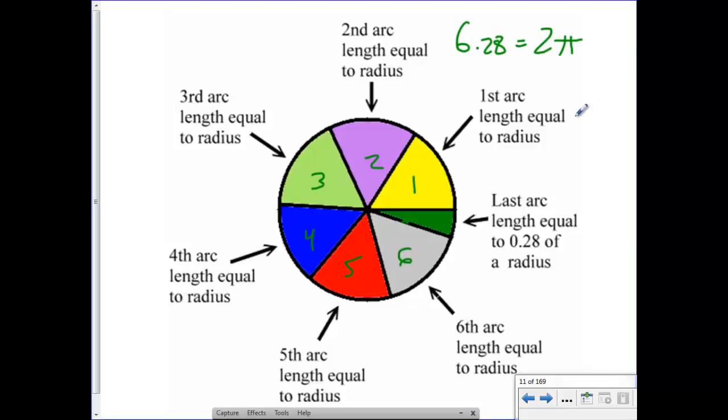This little bit right here is 0.28. So 1, 2, 3, 4, 5, 6 plus a little bit equals 6.28. Oh, that makes sense.